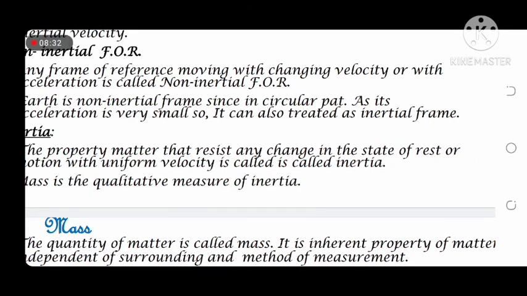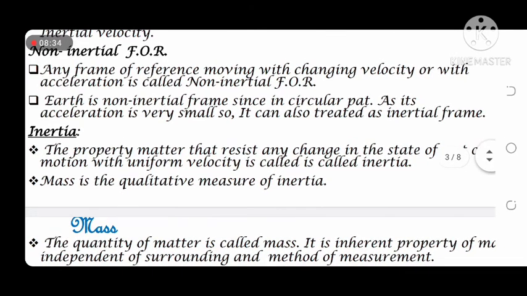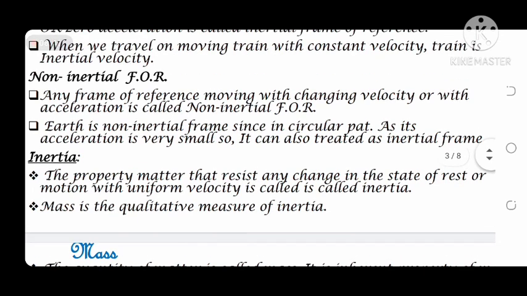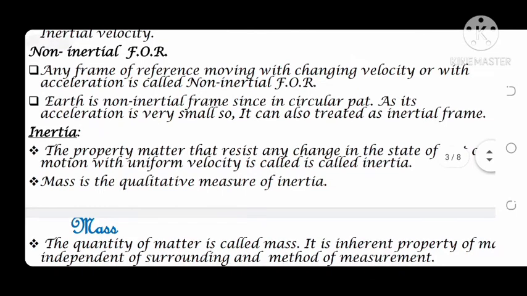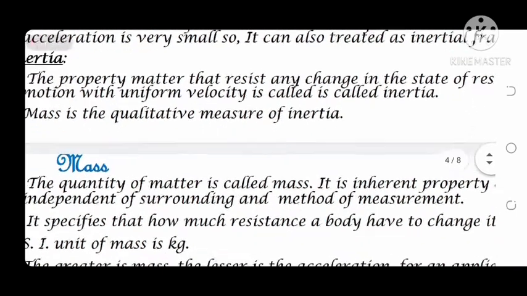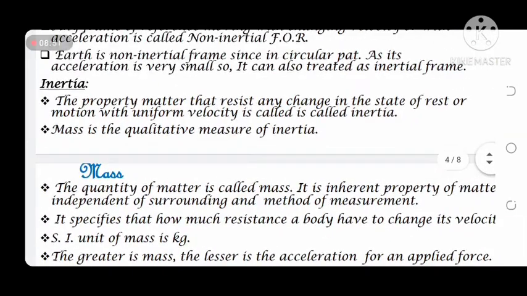How can inertia be measured? Mass is a quantitative measure of inertia. If a body has small mass, then it has small inertia. And if a body has large mass, it would have a large inertia. So it is necessary to consider the mass.